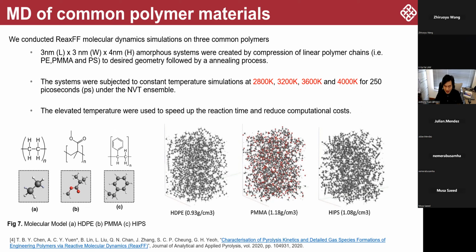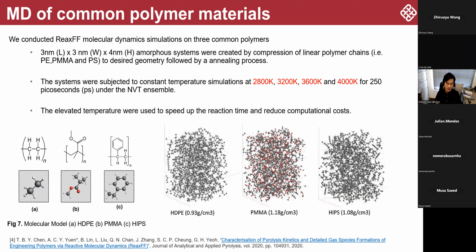So after we construct the material, we're interested in the thermal degradation. But the way we do it in MD is more of an accelerated heat up process. Notice that we use elevated temperatures such as 2,800, 3,200, and so forth.